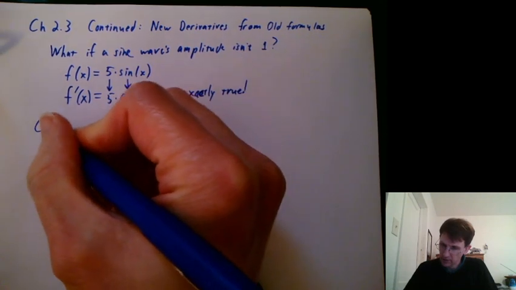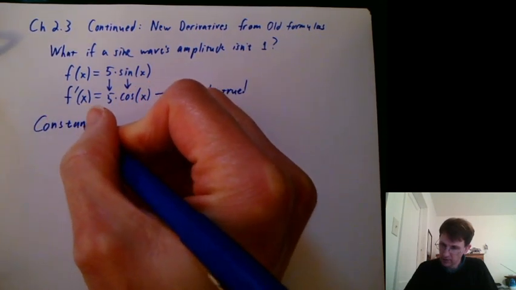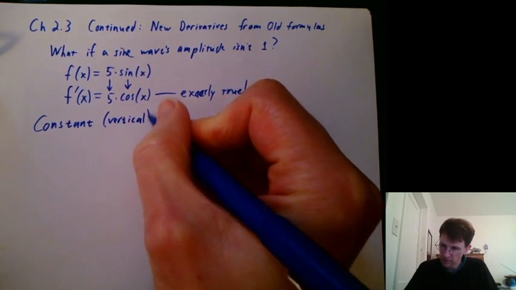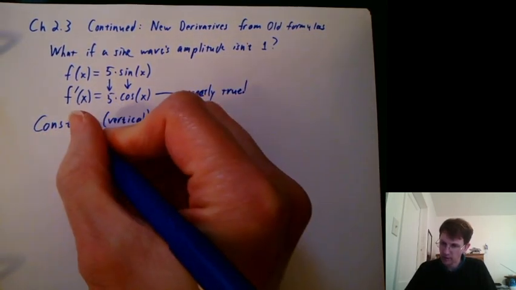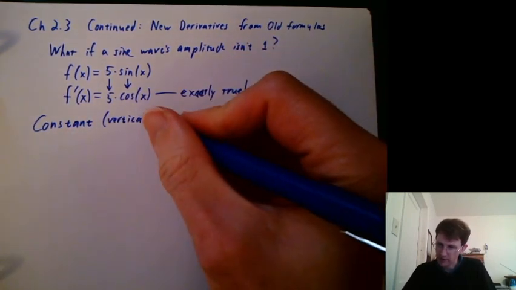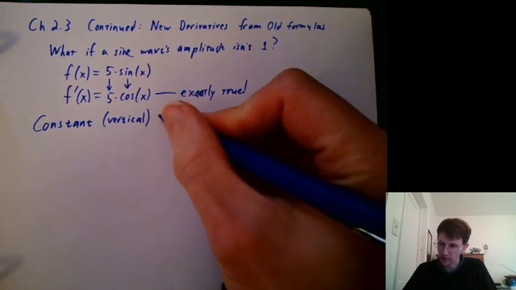So let's write the constant vertical multiplier rule. Now the book just calls it the constant multiplier rule because that's what all the books call it, the constant multiplier rule. But I want to emphasize that it's the constant vertical multiplier rule.